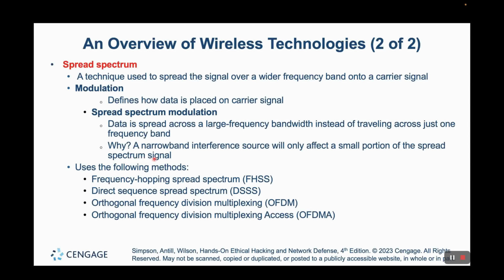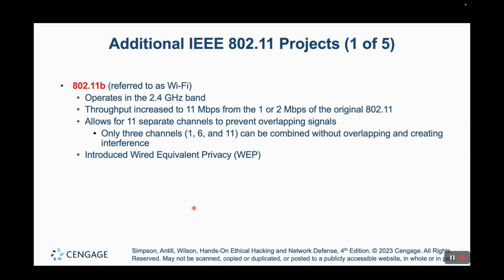Methods basically refer to the specific technique or modulation used to spread a signal across a broader frequency bandwidth than is strictly necessary for the data it carries. These methods are designed to provide benefits like interference resistance, better security, and improved signal quality.